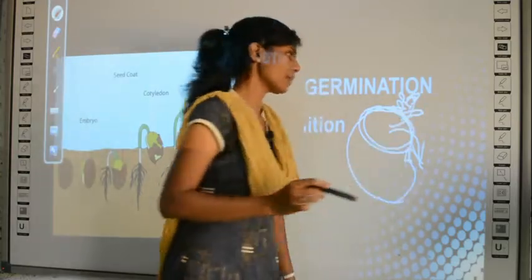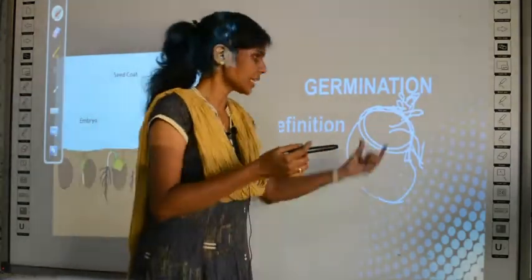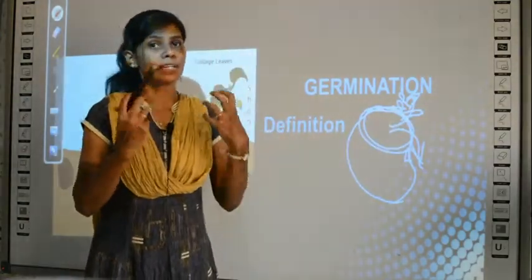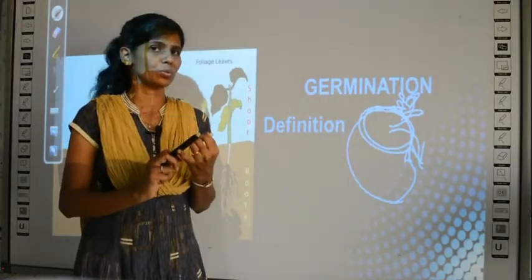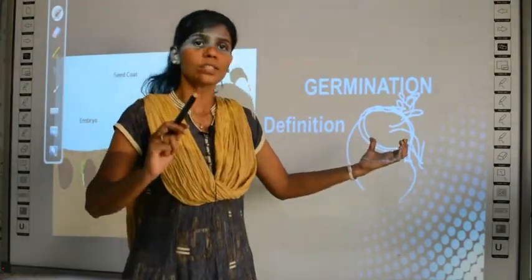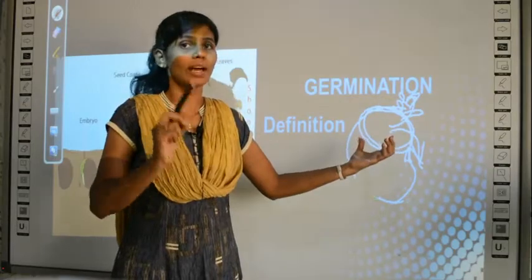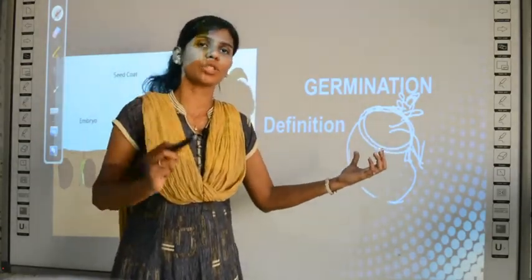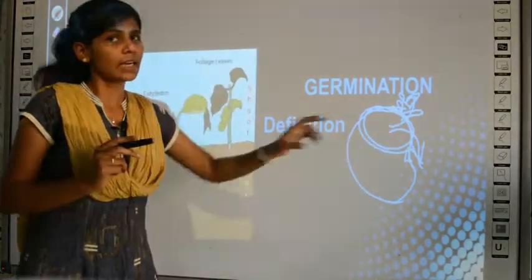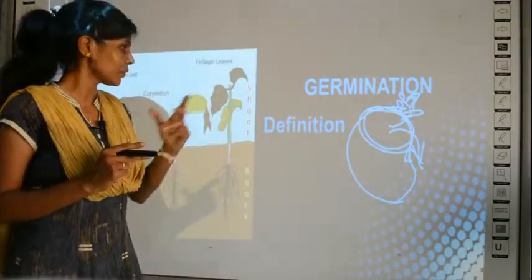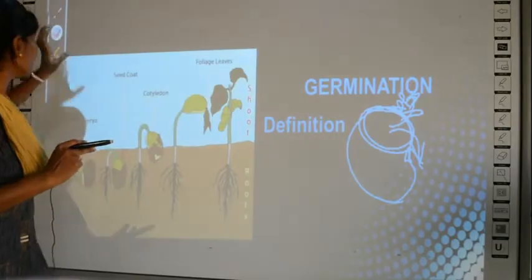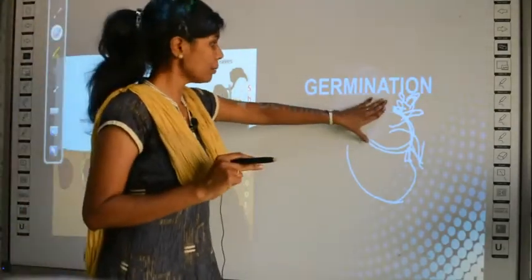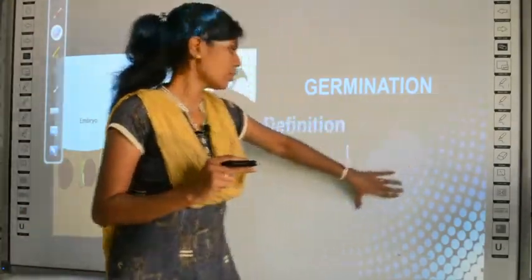We studied in a previous class that the embryo has the ability to develop into a root and a shoot. Clear? However, this is not always happening, especially in unfavorable conditions. Only when there is a favorable condition for the seed can this process happen. So this is about the embryo you need to know before you learn the definition for germination.